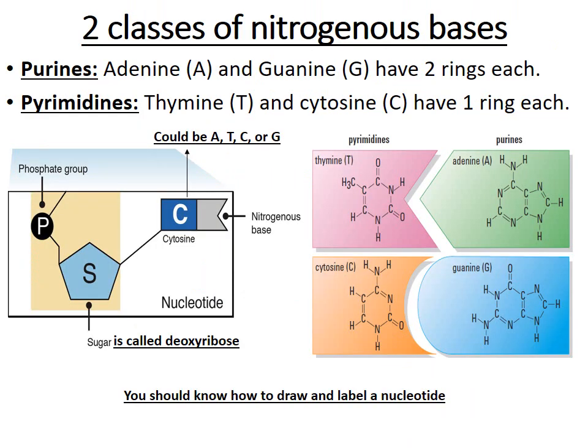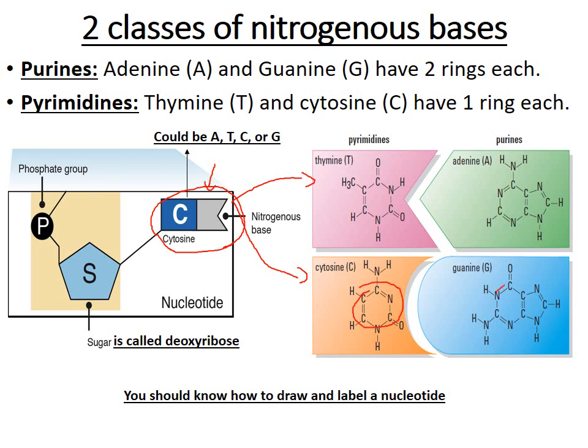So here I'm just talking a little bit more about the purines and pyrimidines, or sorry, the nucleotides. So the nucleotides, like I said, there are many different varieties. There are 4 different varieties based on what type of nitrogenous base that you have. So it could be A, T, C, or G. Here I zoomed into the nitrogenous base to show you what the different nitrogenous bases look like. I want you to notice that for C, cytosine, there's only 1 ring.